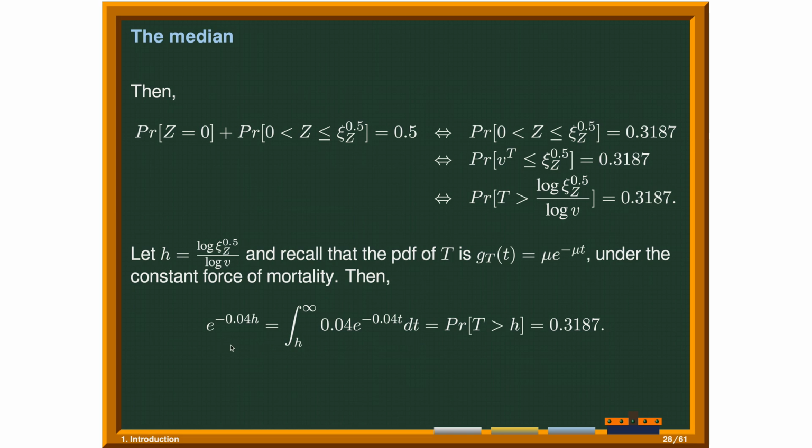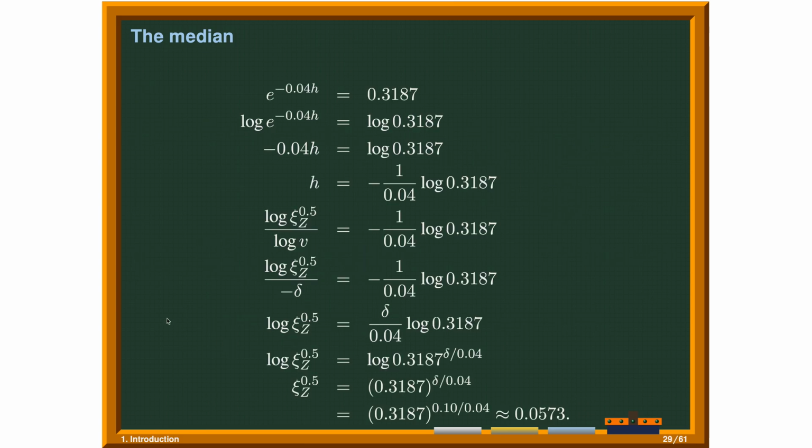So e to the negative 0.04h is equal to 0.3187. So first we find out what the value of h is. So we just take the log of both sides. So negative 0.04h is equal to log of 0.3187, or h is equal to this, right?